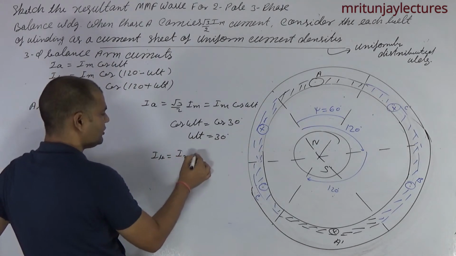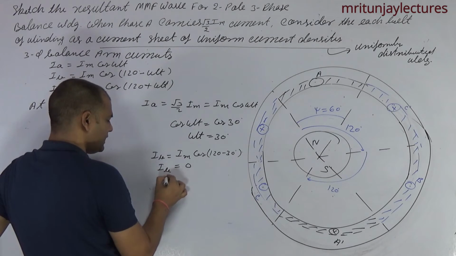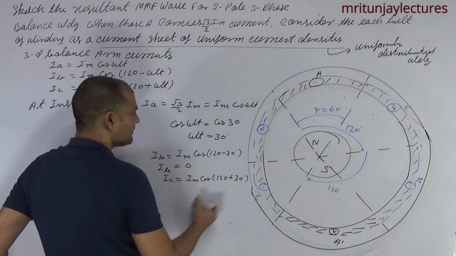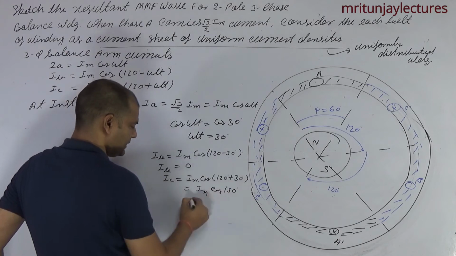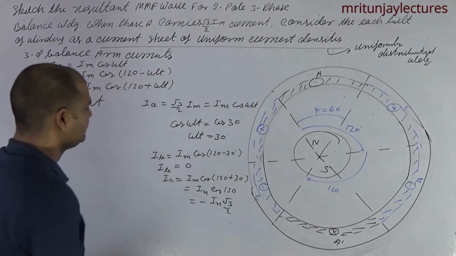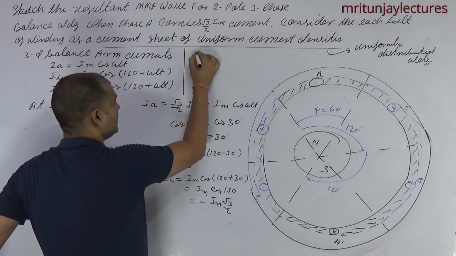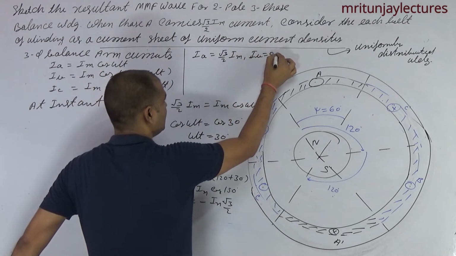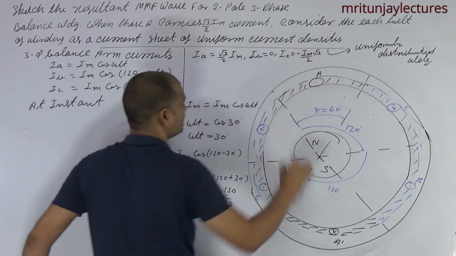This is written as Im cos (120 minus 30), cos 90, that is 0. And what about Ic? Im cos (120 plus 30) degrees, this is Im cos 150, that is minus Im √3/2. Finally we got the result: Ia equals √3/2 Im, Ib equals 0, and Ic equals minus Im √3/2.